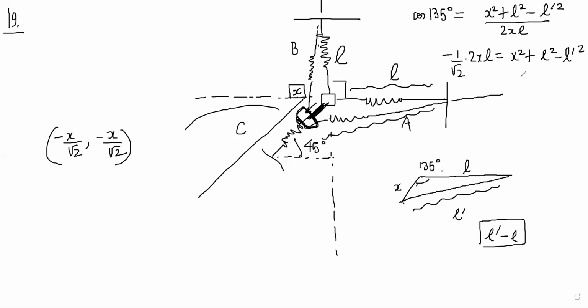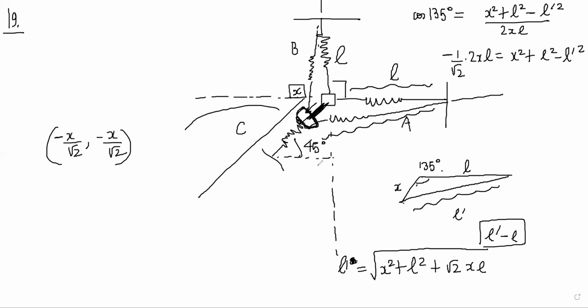So you get L dash square is equal to x square plus L square plus root 2 xL, right? Okay, so this is my L dash square, and L dash is just the root of this.